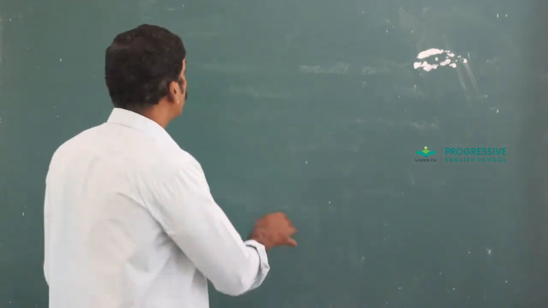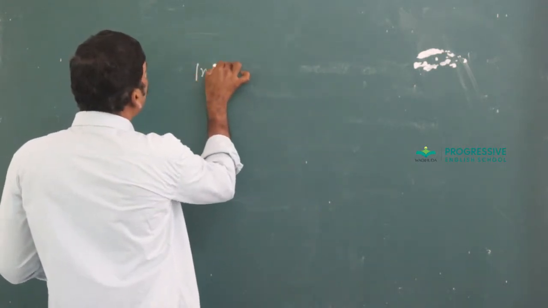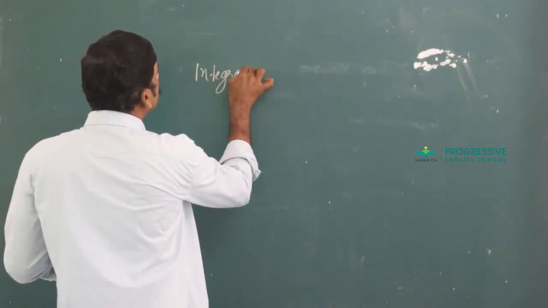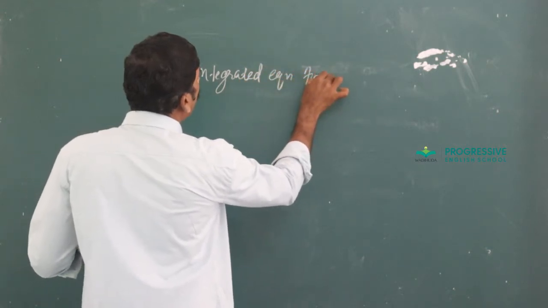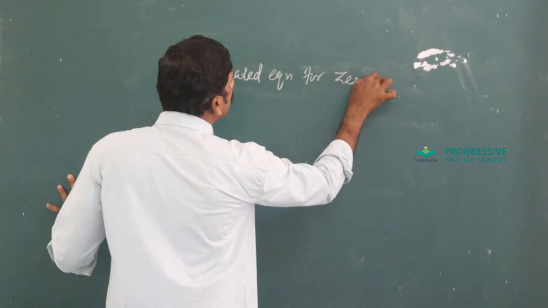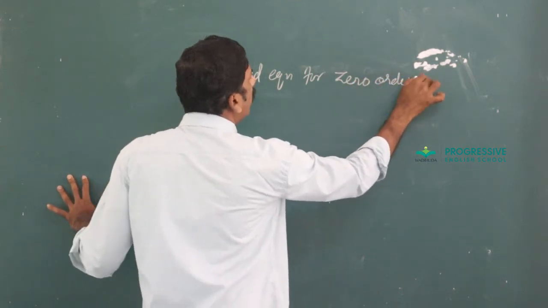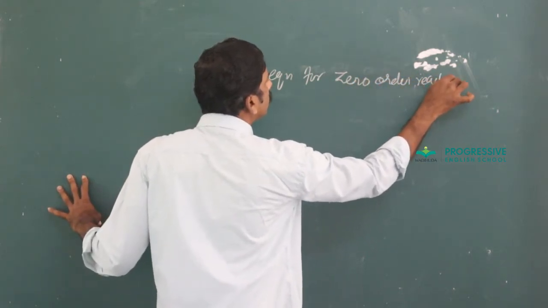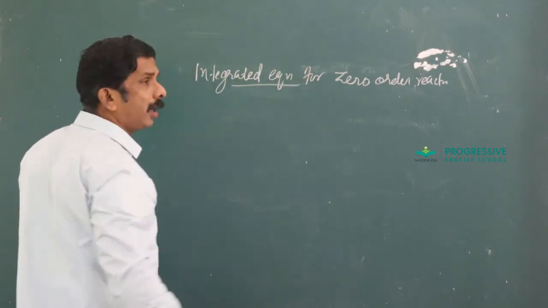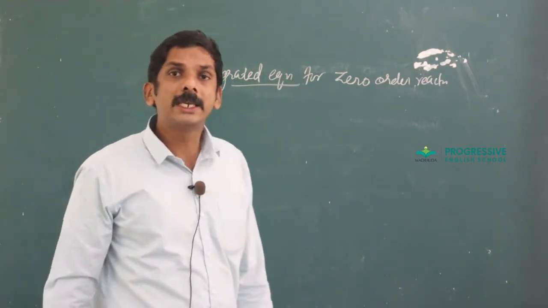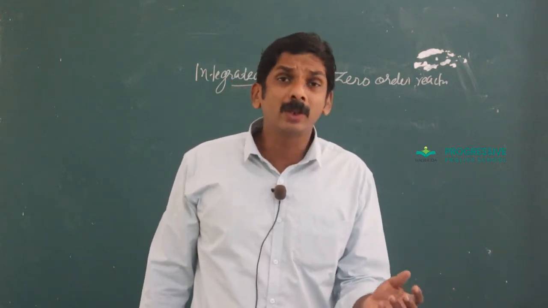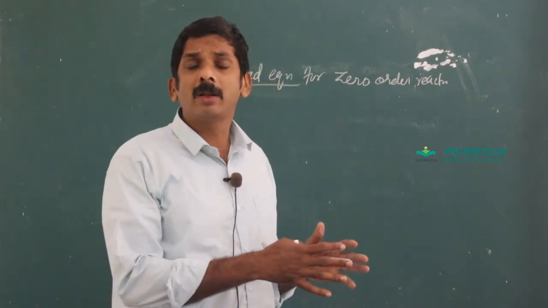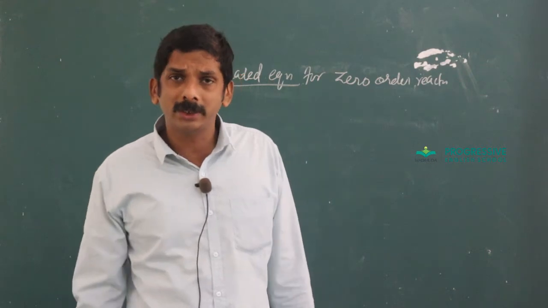Next we have a derivation called the integrated equation, the integrated equation for a zero order reaction. You know, zero order means those reactions whose rate does not depend upon the concentration.